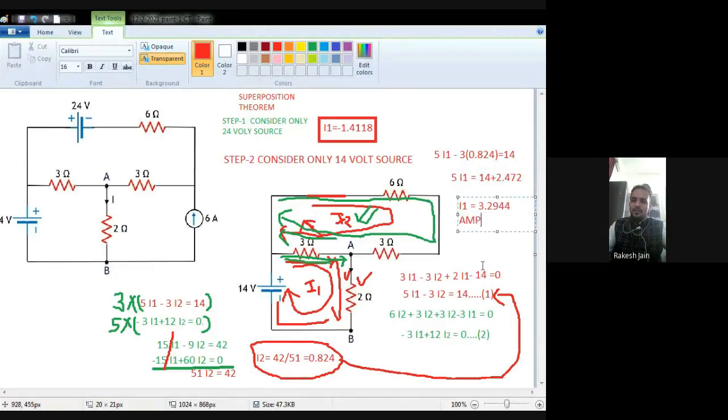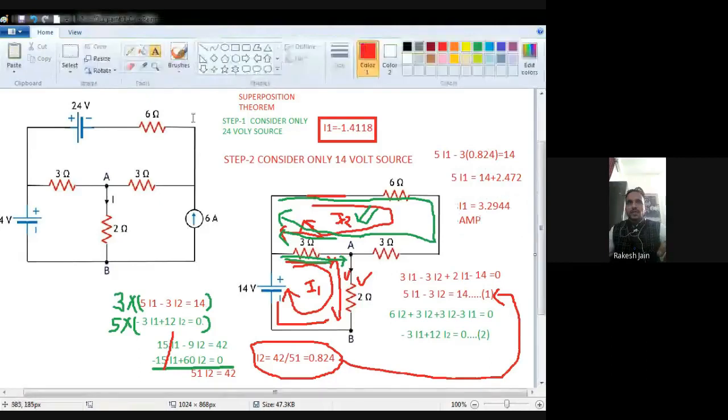First I multiply the upper equation by the constant of the second equation. What is the constant of this second equation? 3. Don't see the plus or minus sign, only the constant. Multiply this equation by 3.